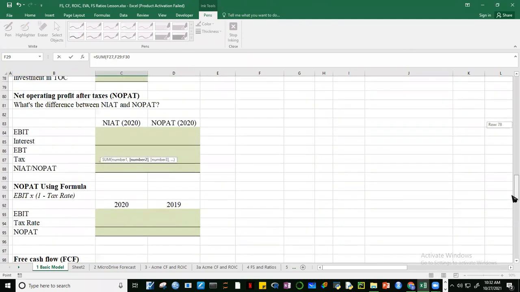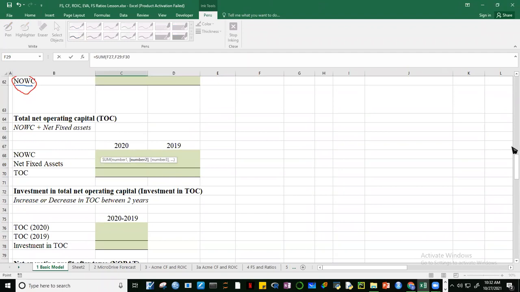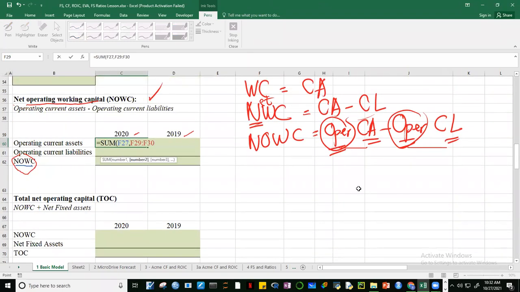So those 3 items, guys. Any questions about that? Is this clear? Sum of your cash, receivables, and your inventories. So you should be getting 991.